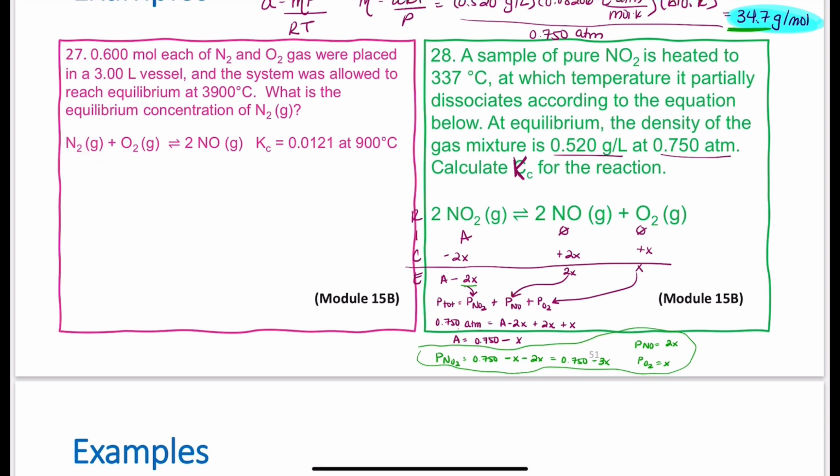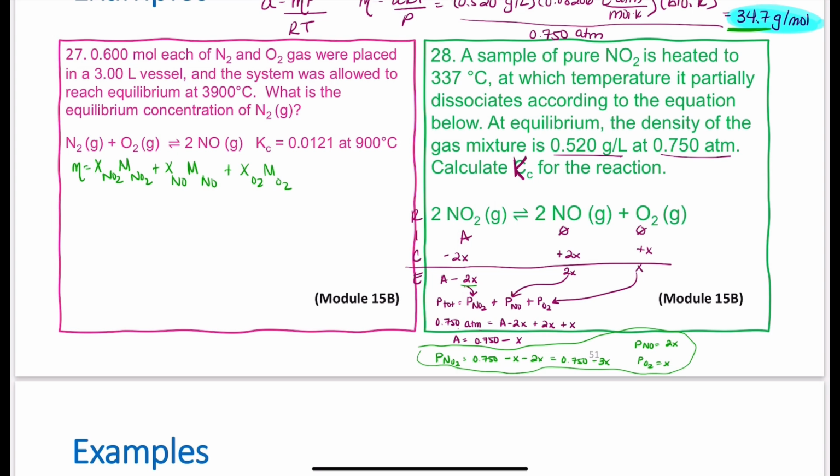My molar mass of the entire mixture is equal to the mole fraction of NO2 times the mass of NO2, plus the mole fraction of NO times the mass of NO, plus the mole fraction of O2 times the mass of O2.